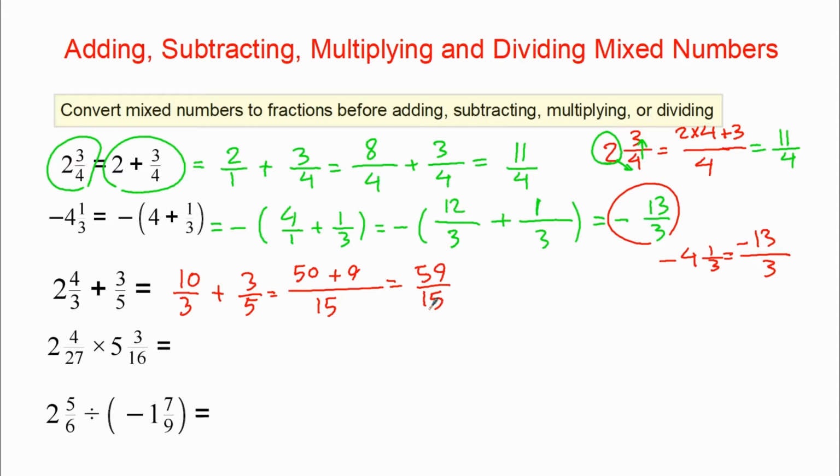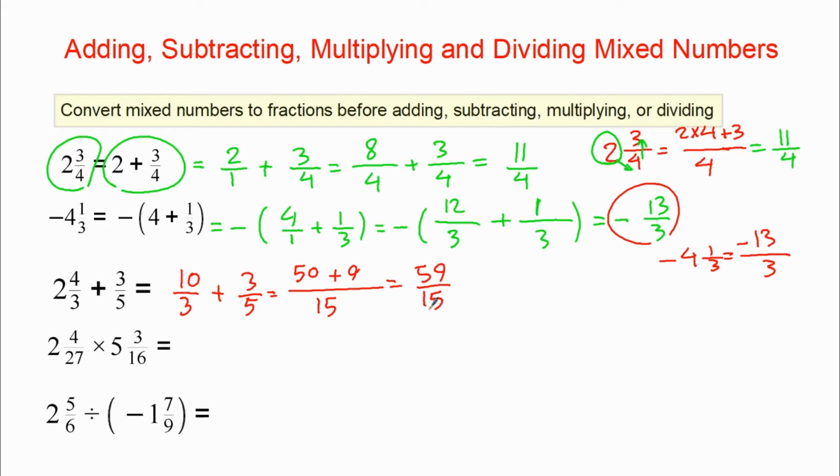So all we are doing is converting the mixed numbers into fractions first, and then we just do a manipulation, either adding, multiplying or dividing.